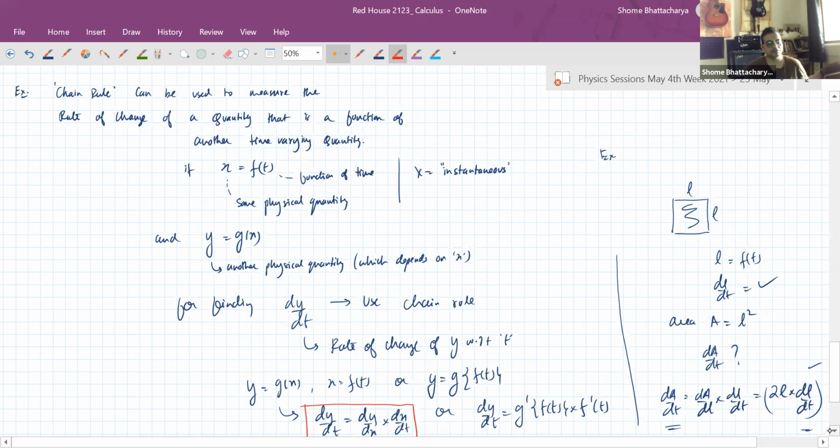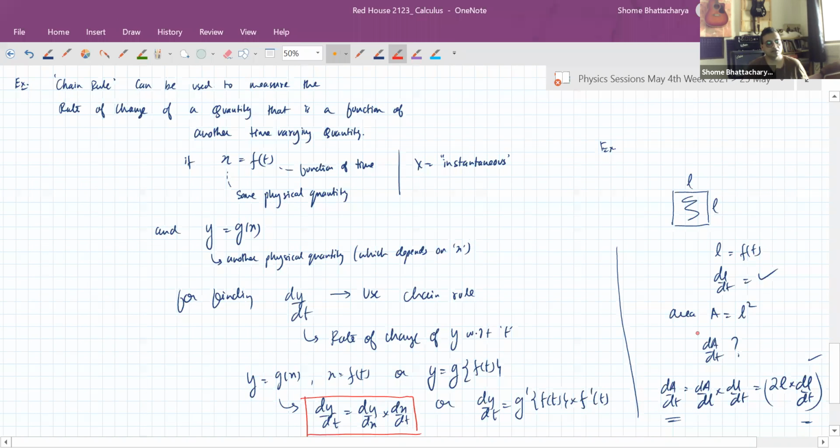You can see we have applied this over here on the side: area depends on L, and L is some kind of function of time. So the rate of change of area with respect to time comes from the relationship between area and length, and then the relationship between length and time.